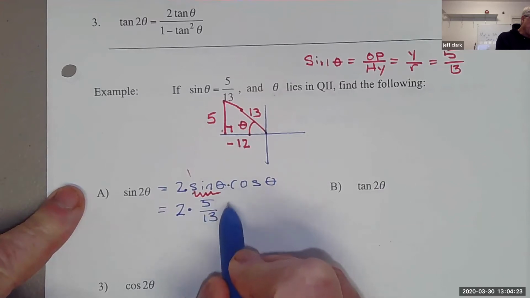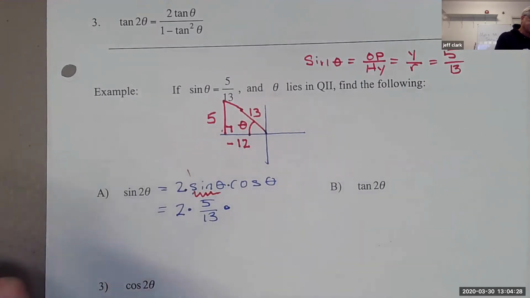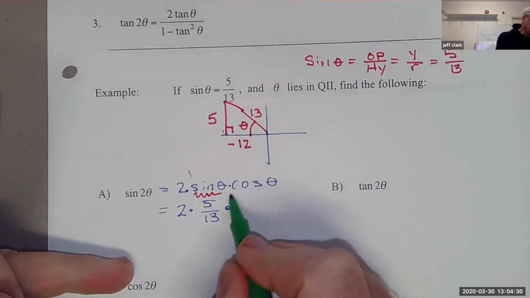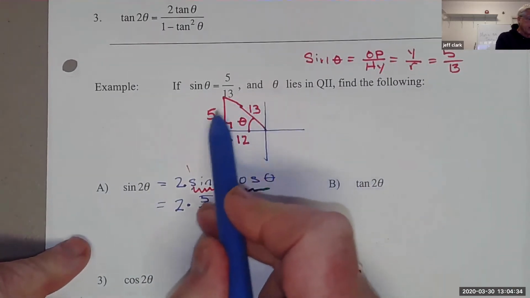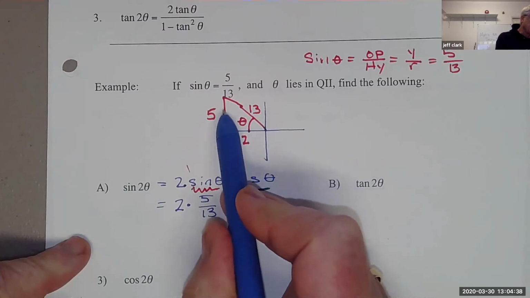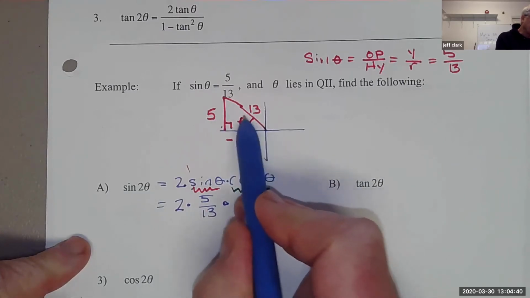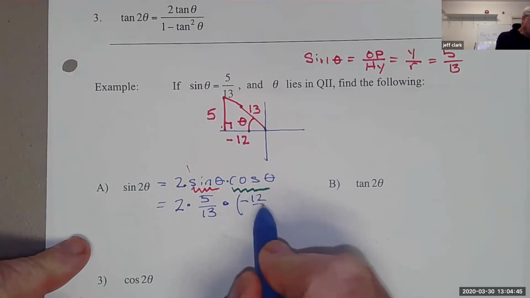You bring down the multiplication, and now you need cosine. Cosine wasn't given to you, but you can figure it out based on the triangle with theta. Cosine is adjacent over hypotenuse, so negative 12 over 13. So that's times negative 12 over 13.